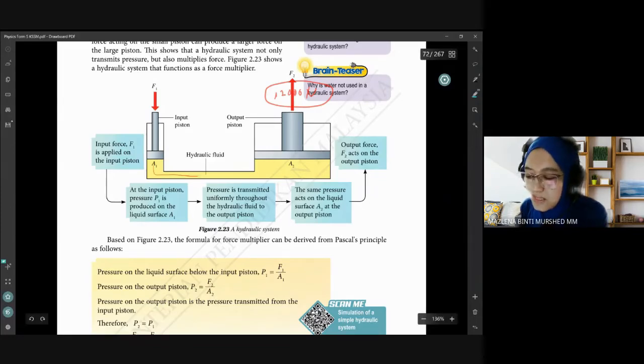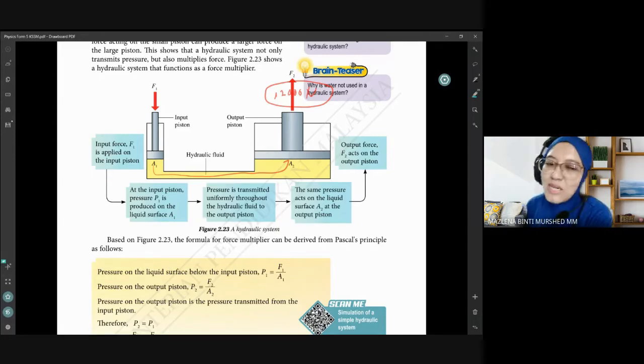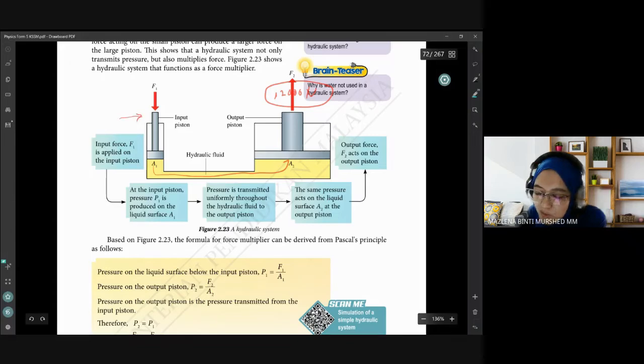Of course kat sini kita pakai minyak, minyak and pressure-nya sama, but then macam mana kita nak tahu dia naik berapa banyak kan? Kita tahu nak tukar minyak engine, contohlah we have to put the car 1.5 meter above the ground, untuk keluarkan minyak.